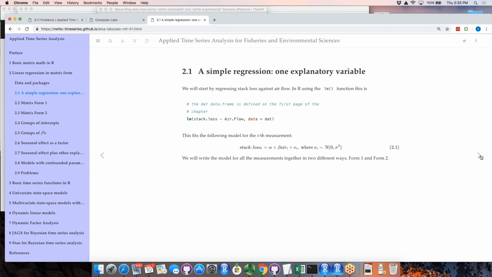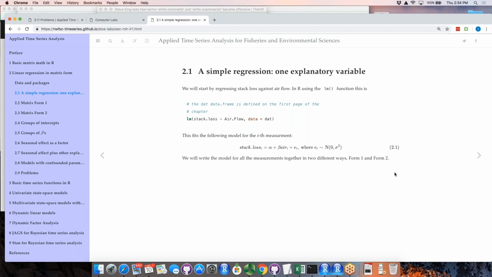So if we look at a simple linear regression, let's say it's this regression right here. This is the R code for a linear regression, and it's going to regress this data, stack loss, against this variable, airflow, which is in this data set DAT.